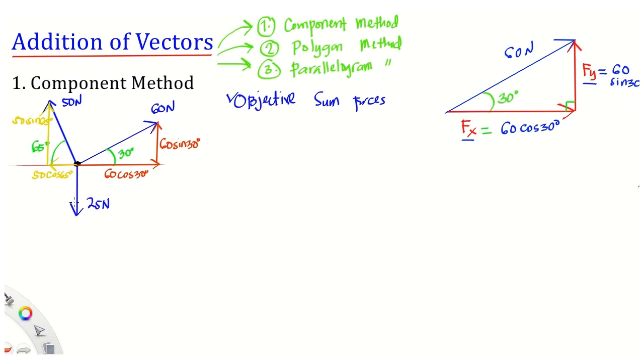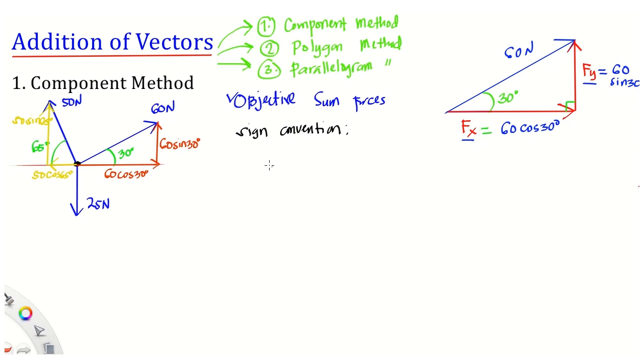As you can see, our components are always with respect to horizontal and also with respect to vertical. That is how we get components. We cannot get components that are inclined. Okay, so that is the important thing. Now another important thing that you need to understand, and this is very important, is the sign convention.